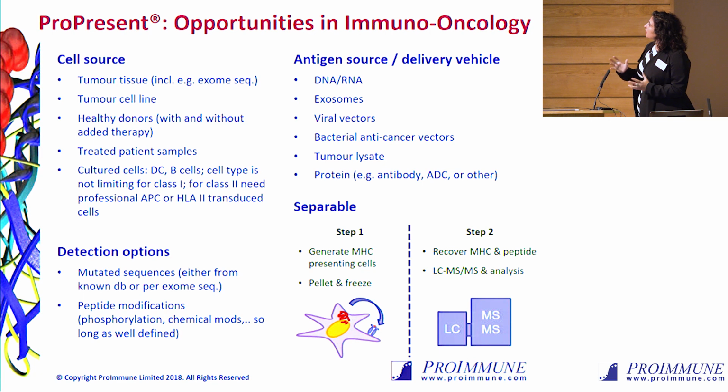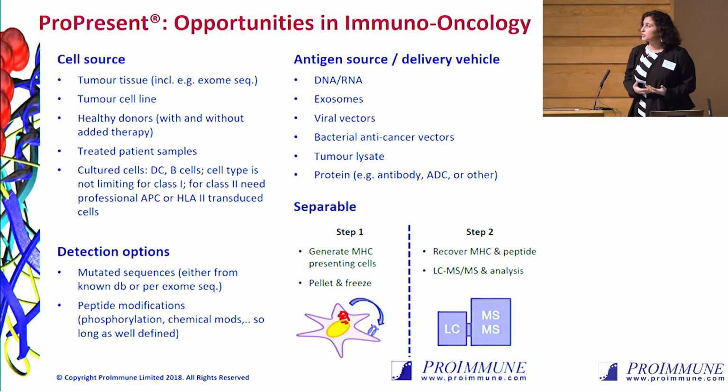We have another format of the assay that looks at the antigen presentation from therapeutics that you can develop, and that's something that Jeremy will be detailing tomorrow. The greatness of this technology is not only that it's mass spec based and we can identify the peptides by their sequence, but we can also look at modifications of those peptides if you know what you're looking for.